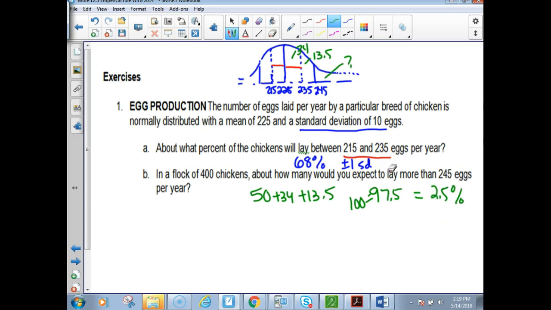Now, 2.5% of 400 would be our next calculation. So we have to change 2.5% to a decimal, which is 0.025. Multiply that times 400 chickens. How many chickens should be laying eggs that are over 245 in 1 year? 10 of them. Okay, 10 chickens.